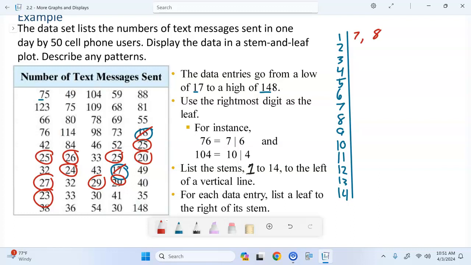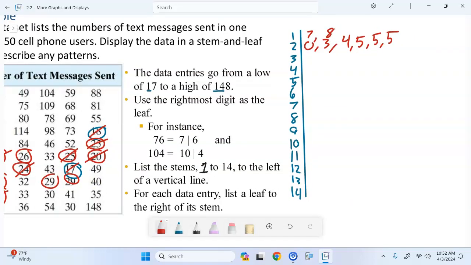What's the lowest number that has a stem of 2? 20. So we start with a 0. What's the next lowest number that has a stem of 2? 23. And after that, 24. After that, 5, and I have 3 of those, so I need to list the 5 three times.